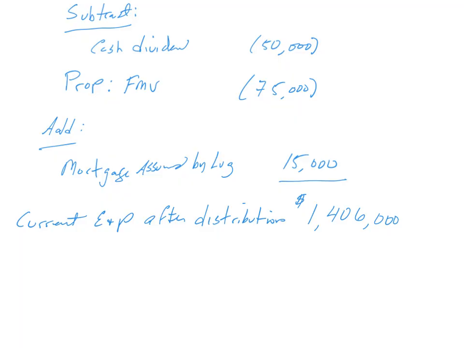That's our current earnings and profits after our distribution. We're trying to get to accumulated earnings and profits at the beginning of next year. So we just add our previous balance to our current balance, and that gets us to the beginning of next year.